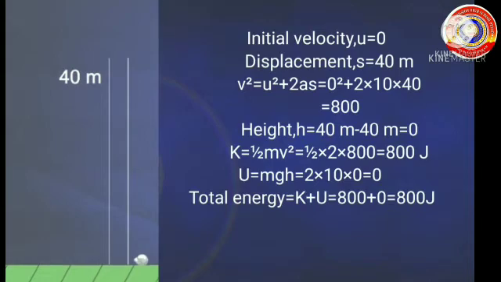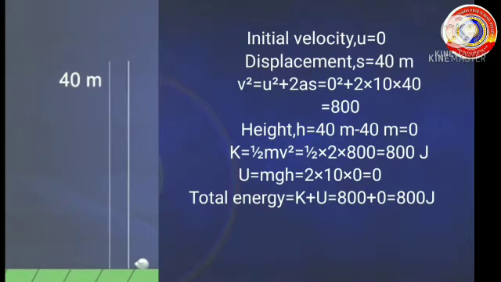Kinetic energy K equals half mv square equals half into 2 into 800 equals 800 joule. The potential energy U equals mgh, that is 2 into 10 into 0 equals 0. And the total energy equals kinetic energy plus potential energy, that is 800 plus 0 equals 800 joule.